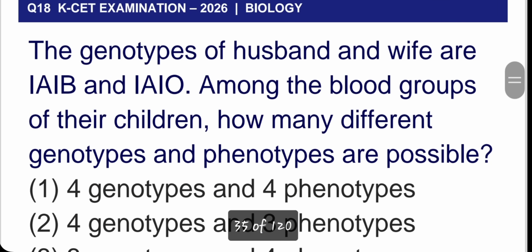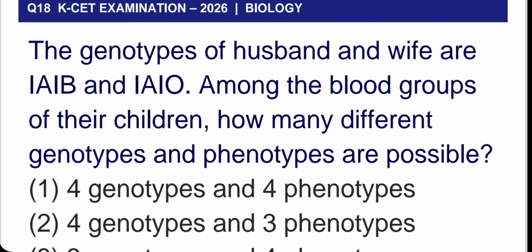The genotypes of husband and wife are IA IB and IA IO. Among the blood groups of their children, how many different genotypes and phenotypes are possible? You should do this calculation.